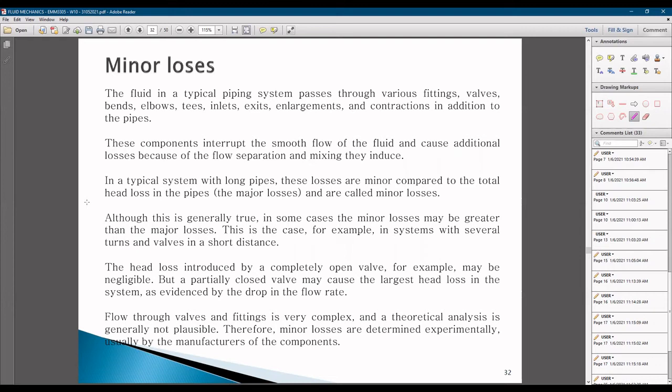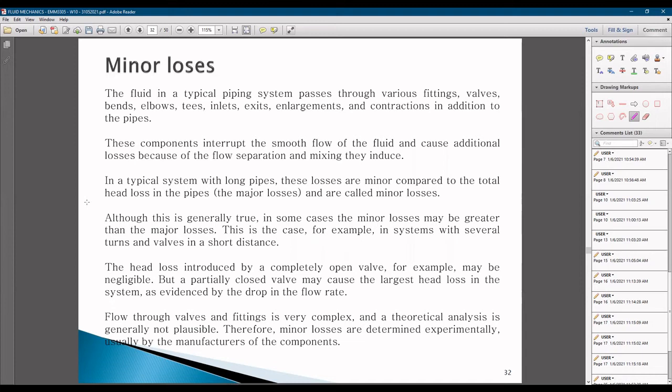These components interrupt the smooth flow of the fluid and cause additional losses because of the flow separation and mixing that they induce. In a typical system with long pipes, these losses are minor compared to the total head loss in pipes and are called minor losses.